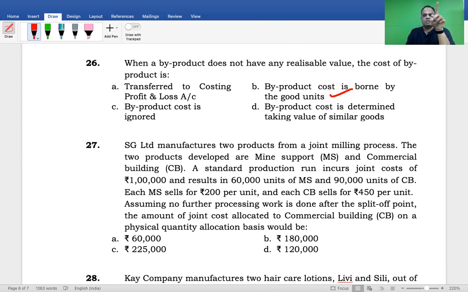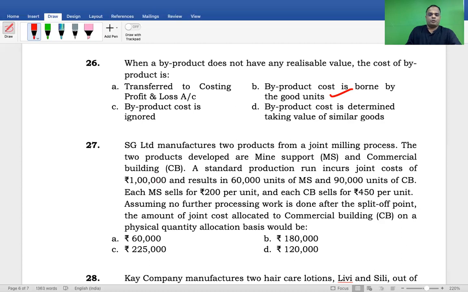Each MS sells for rupees 200 per unit, and each CB sells for 450 per unit. Assuming no further processing work is done after the split off point, the amount of joint cost to CB on physical unit allocation basis would be how much?